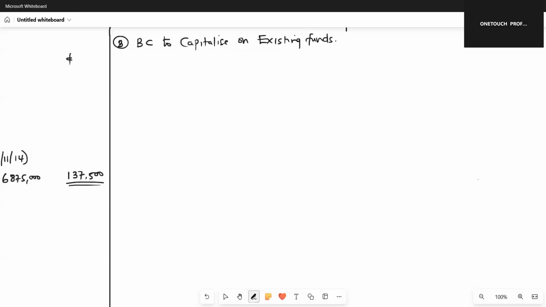Okay, so let's see. Borrowing cost to capitalize on existing funds. That one is from the drawdown date, right? First December, right? Yes, please, 1st December 2014.